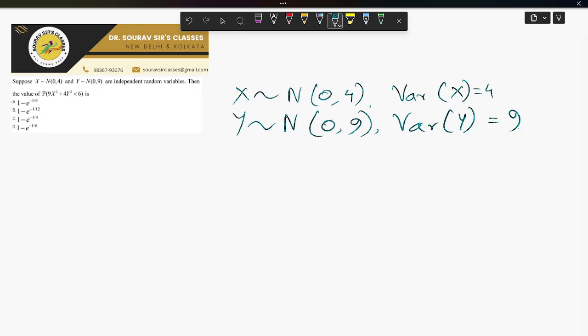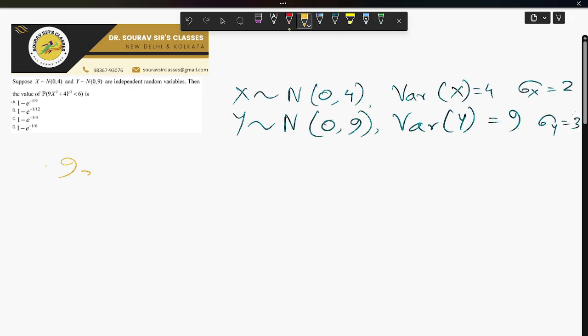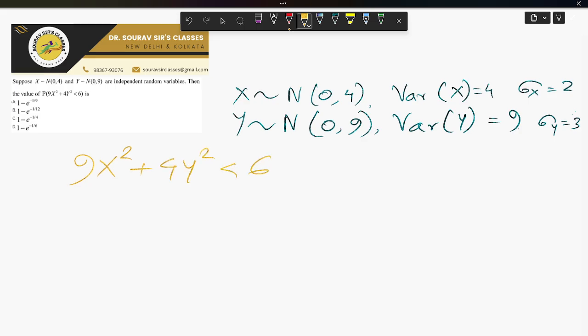So for this our sigma X is equal to 2, and our sigma Y is equal to 3. Now we are tasked with finding the probability that 9X square plus 4Y square is less than 6. So we are going to rewrite the inequality.